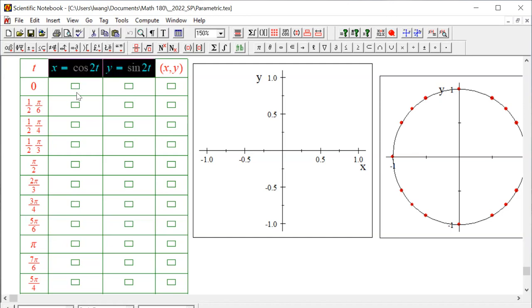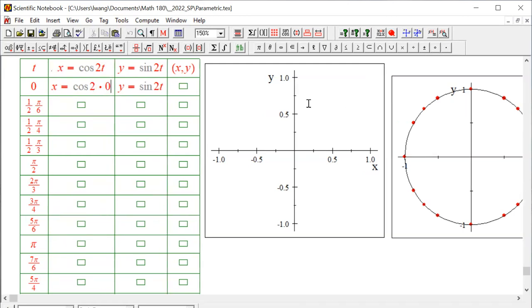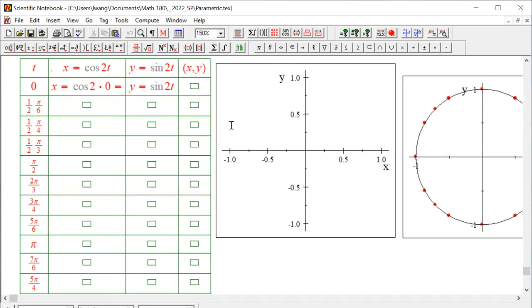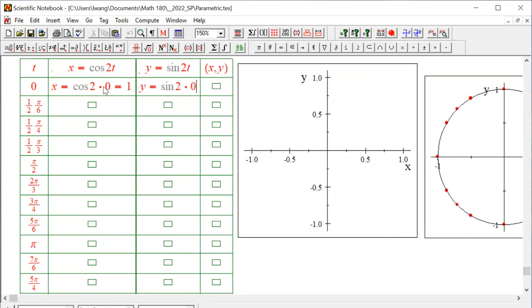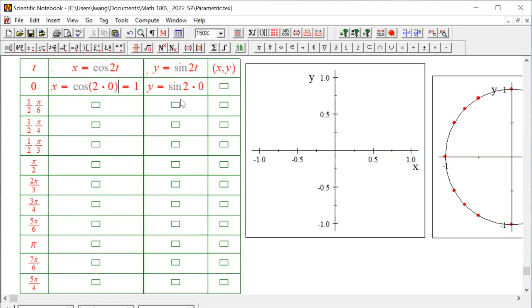For 0, there's no difference. 2 times 0 is going to be 0, and that's going to be cosine 0. Cosine 0 equals 1. 2 times 0 is going to be sine, and I'm going to put parentheses just to avoid any confusion.